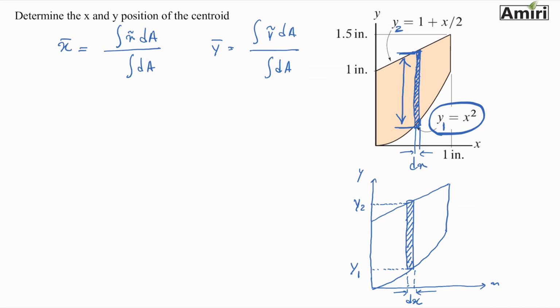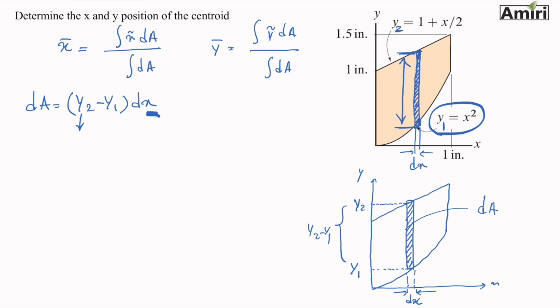So if I want to find that area, dA is going to be width multiplied by length. Length of it is y2 minus y1, multiplied by width of it, which is very thin, dx. I have dx here, so I better change everything in the parentheses also based on my variable with respect to x.